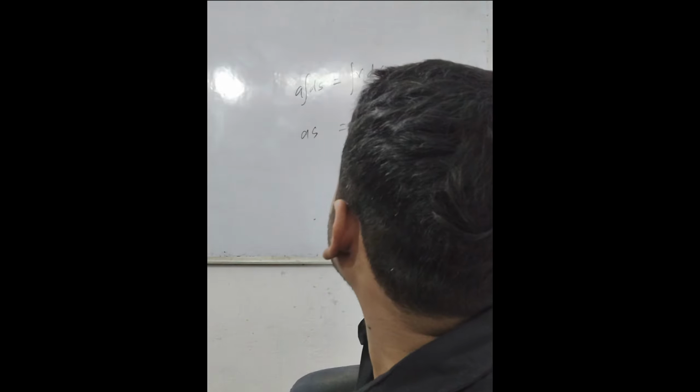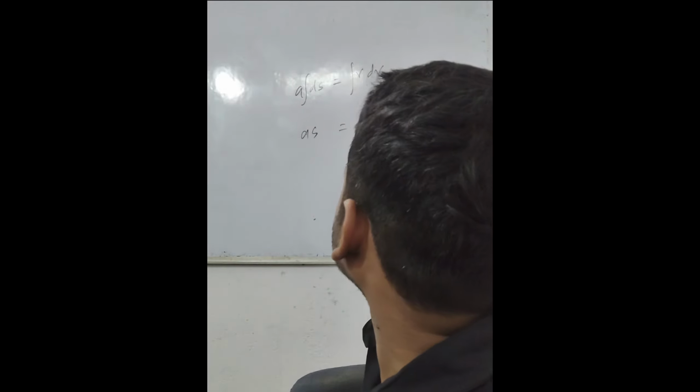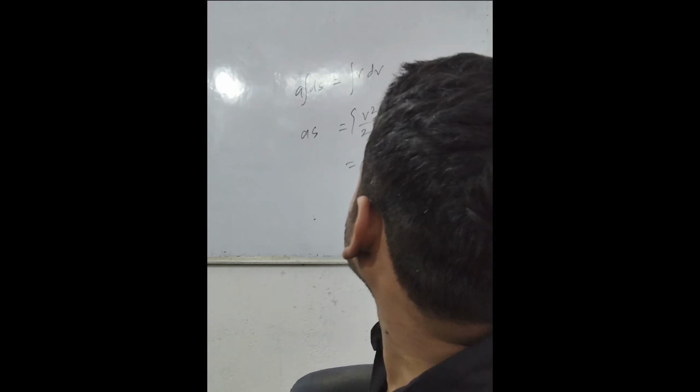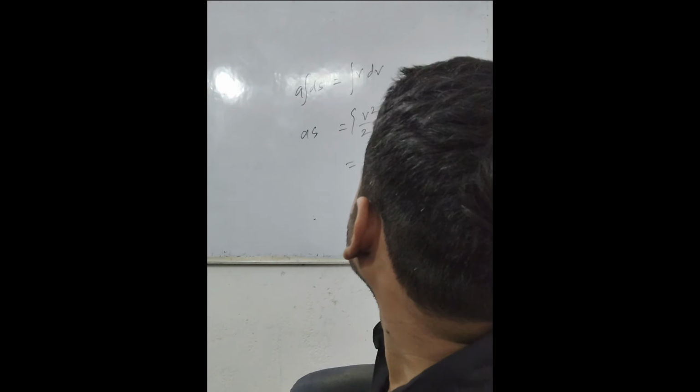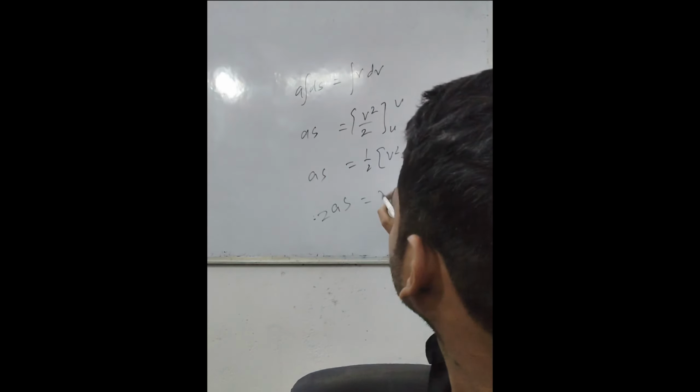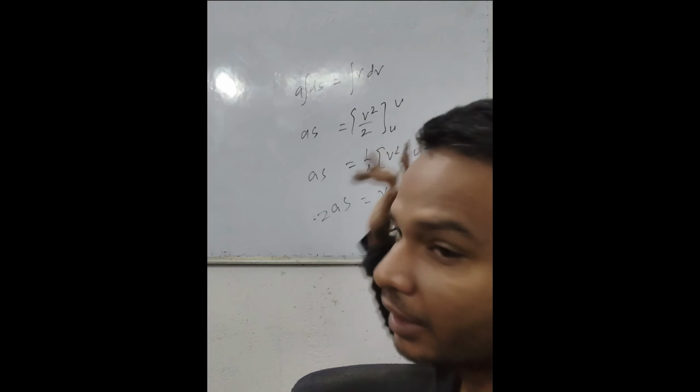So it becomes a s equals half v square minus u square. This is 2as equals v square minus u square.